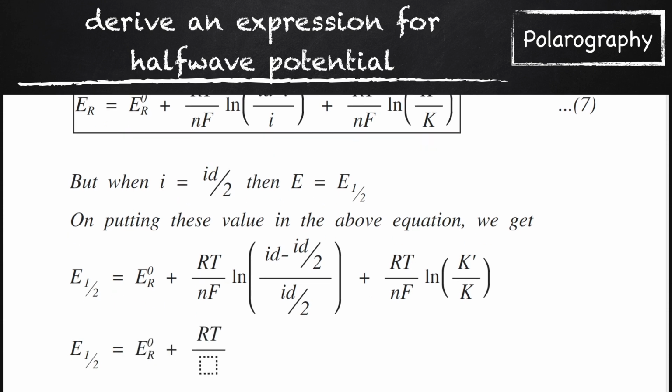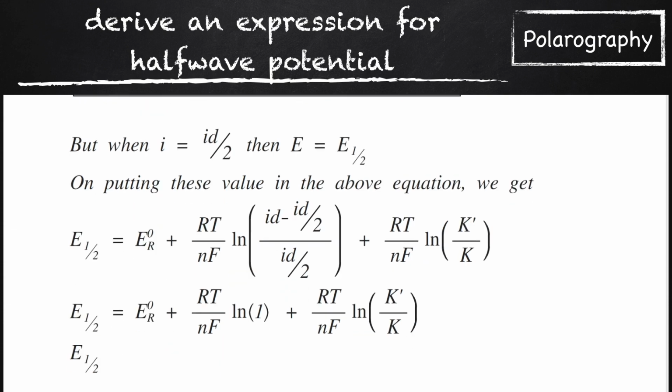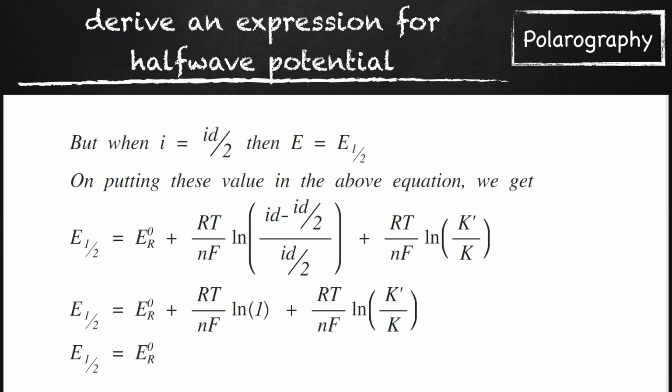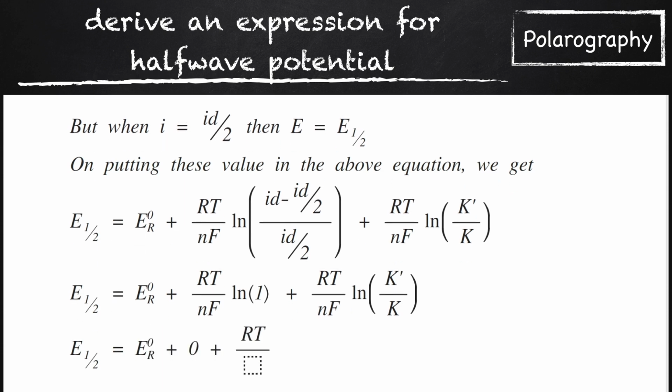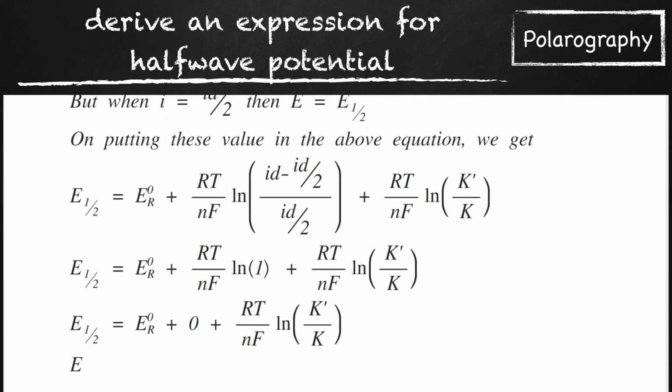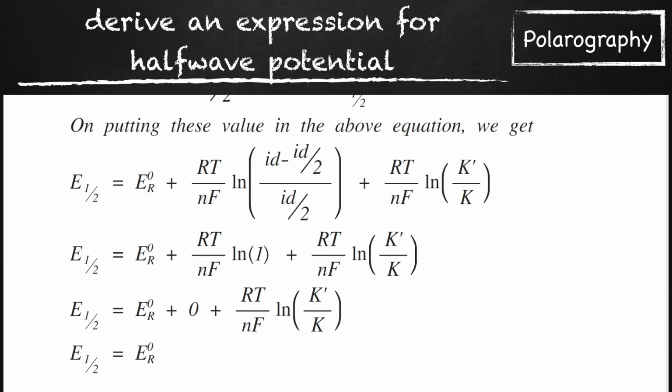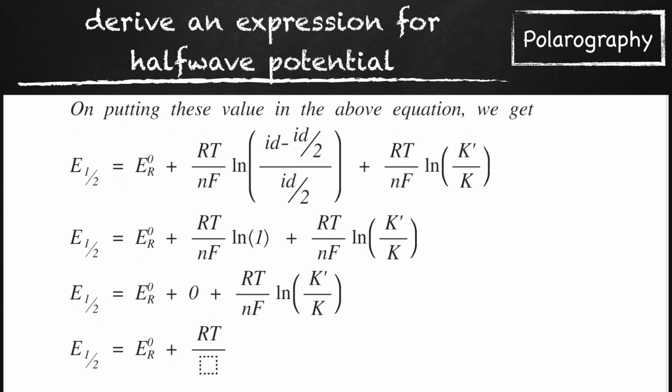So the equation becomes E half is equal to E0R plus RT by NF ln of 1 plus RT by NF ln of K dash by K, and ln of 1 is 0. So this factor goes away. So E half is equal to E0R plus 0 plus RT by NF ln of K dash by K, or we can write E half is equal to E0R plus RT by NF ln of K dash by K.